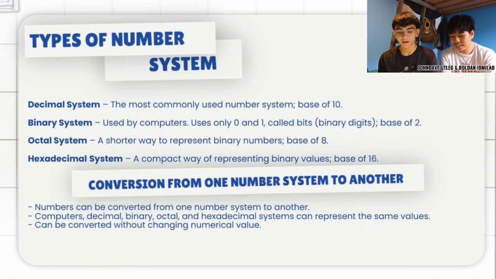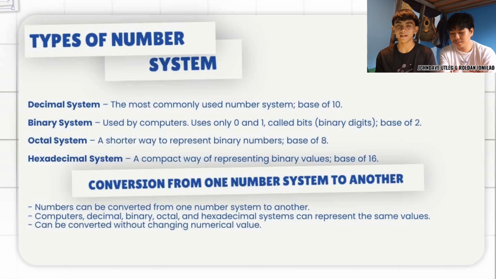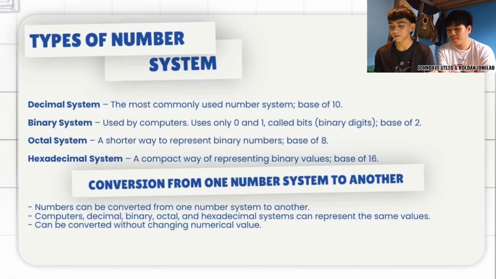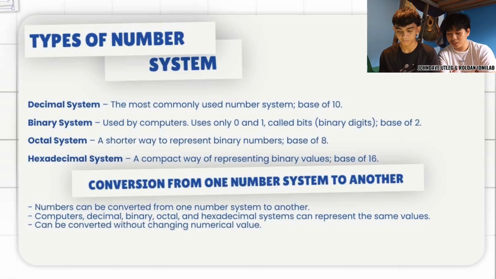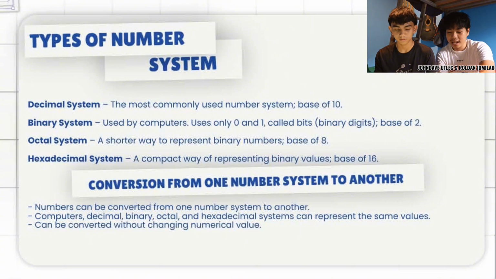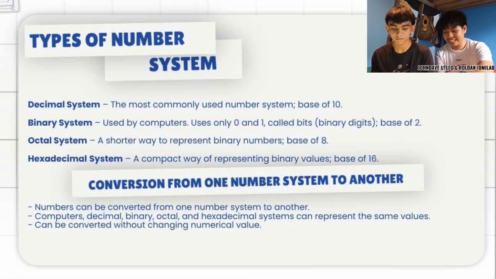Hexadecimal system, a compact way of representing binary values. It uses 0 to 9 and A to F, where A to F represents 10 to 15, and has a base of 16. While sa hexadecimal system, ang kanyang base naman ay 16 kasi nagmumula sa kanyang pangalan na hexa means 6 and then deci means 10. 6 plus 10 equals 16.